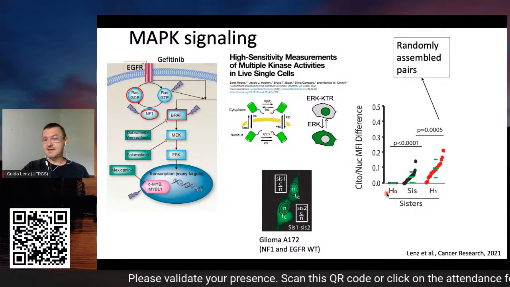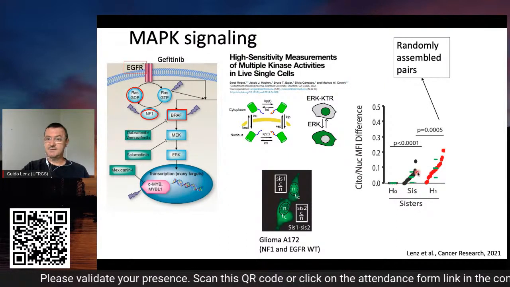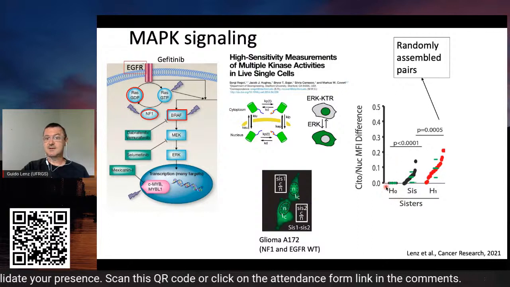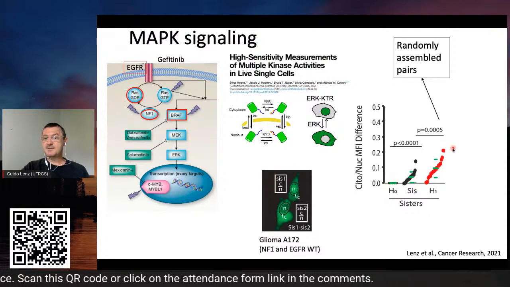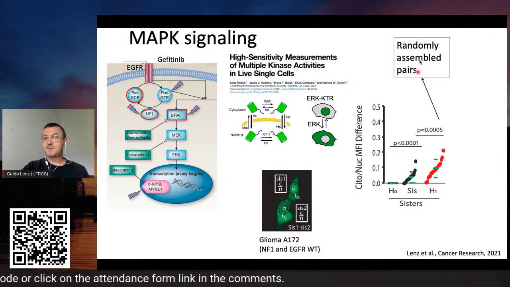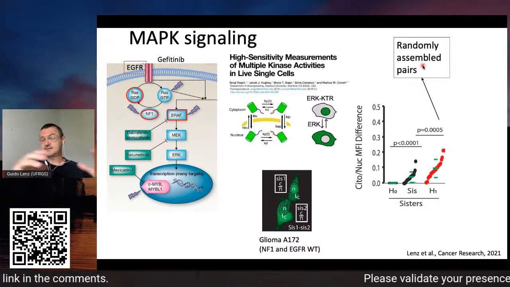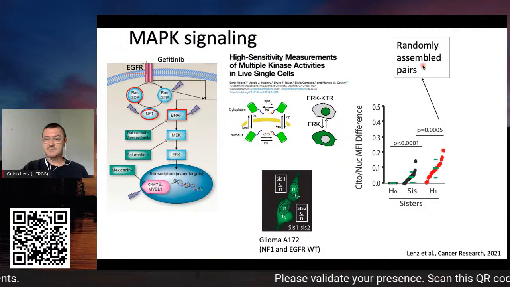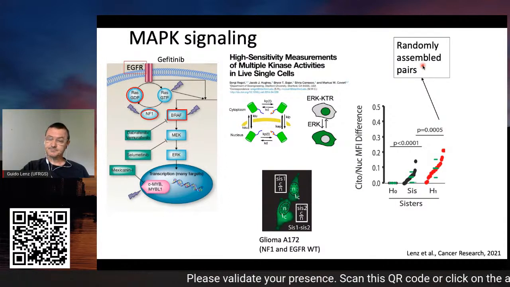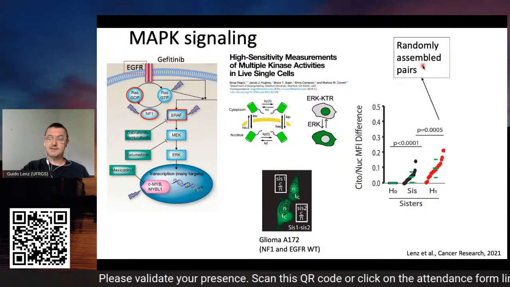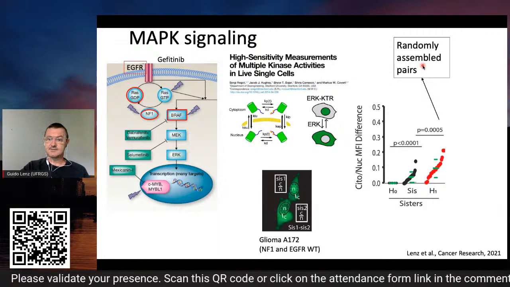And we observed that, yes, these sister cells are different from what would be considered our null hypothesis, but they are also different from randomly assembled pairs of cells from the same whole population of cells, meaning that some similarity is inherited in these sister cells.